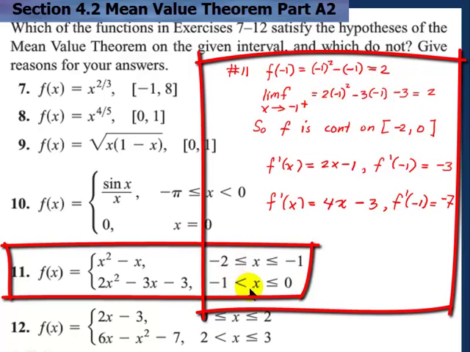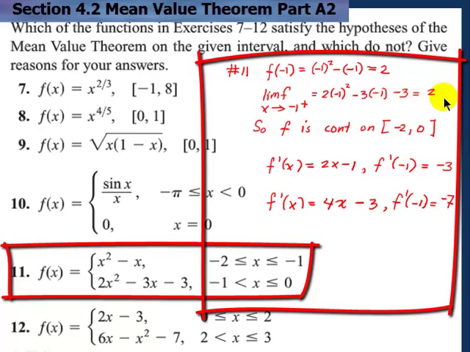Well, since the function is defined as 2x squared minus 3x minus 3 from -1 to 0, we will use this function, where we plug in the value of -1 to find its limit. So the limit of the function as x approaches -1 from the right is equal to 2 times (-1) squared minus 3 times -1 minus 3, and that is equal to 2.